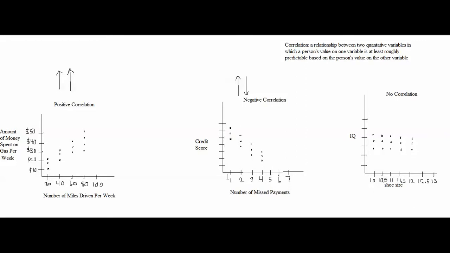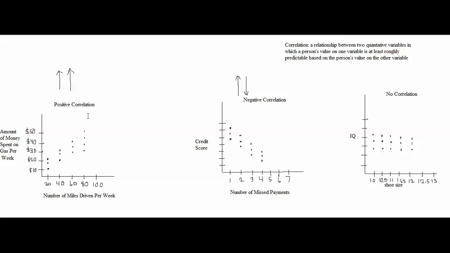And if a person tells me that they've missed a large number of payments, for example, if a person tells me that they've missed 7 or 8 payments, I'll think, okay, well, that person's credit score is probably lower. It's probably not as good of a credit score. So since there's a correlation between number of missed credit card payments and credit score, you can use the number of credit card payments that a person has missed to make at least a rough prediction of what their credit score is.